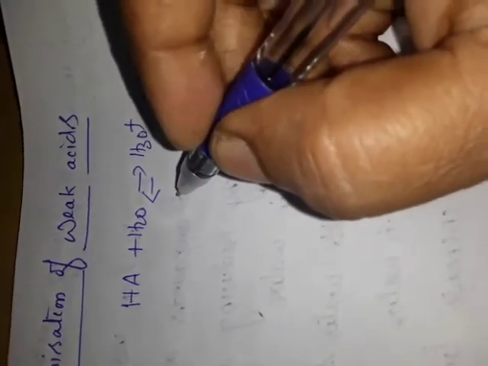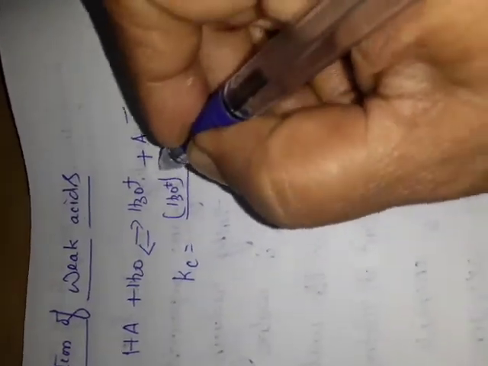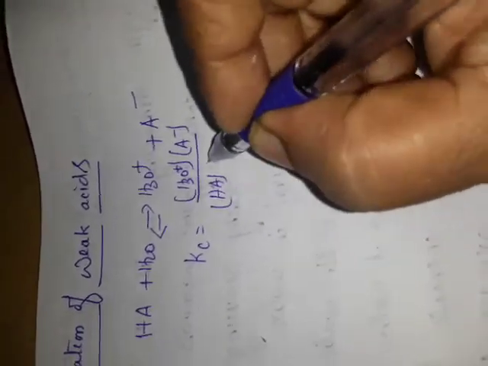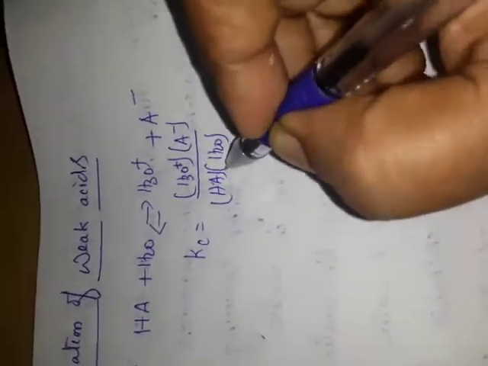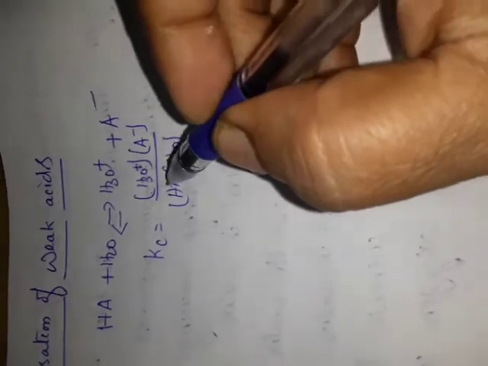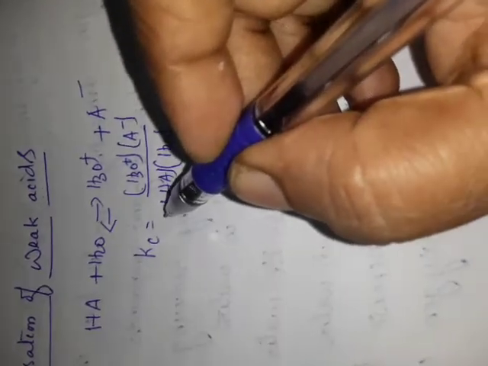Then applying the law of mass action, otherwise the law of chemical equilibrium, the constant Kc is equal to the H3O+ concentration times the A- concentration divided by the HA concentration and the water concentration. Square brackets represent concentration.